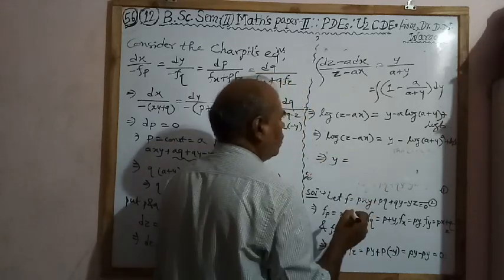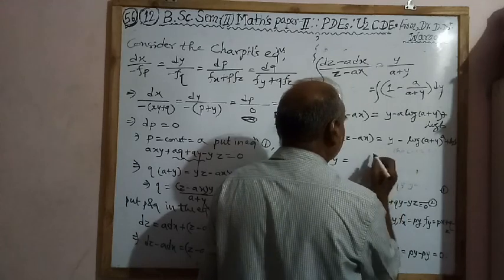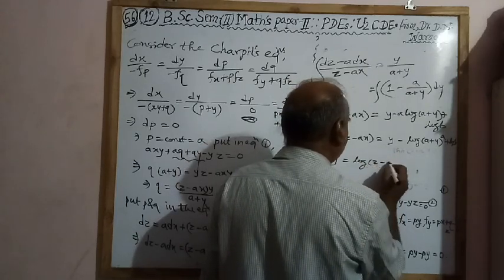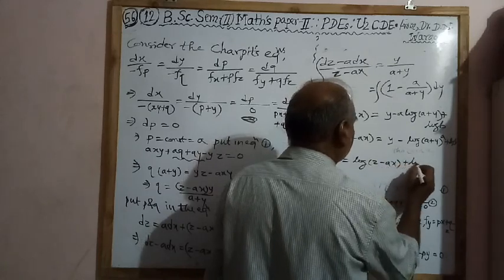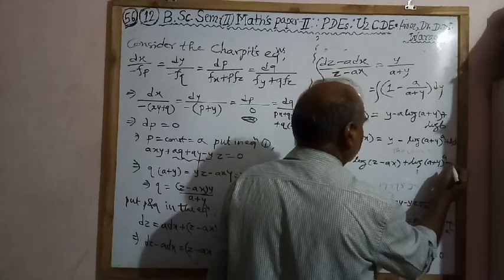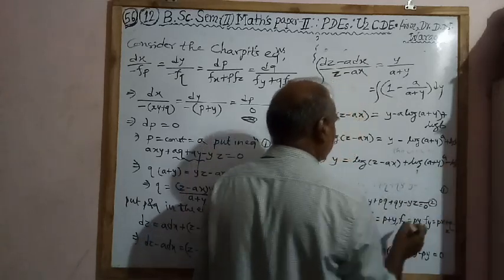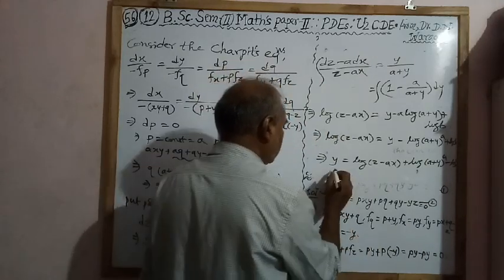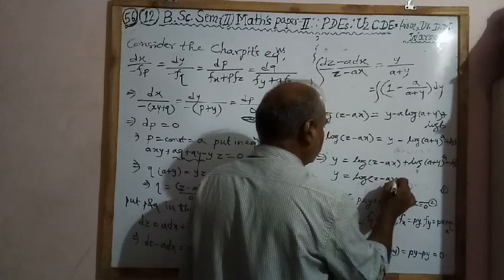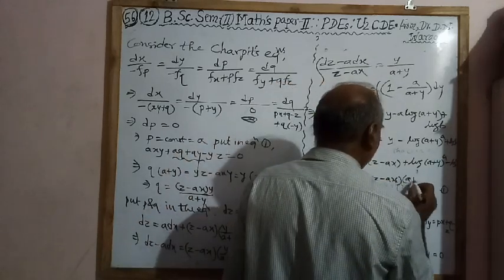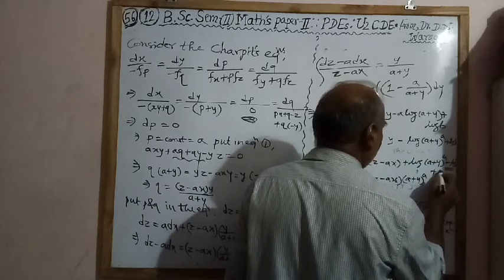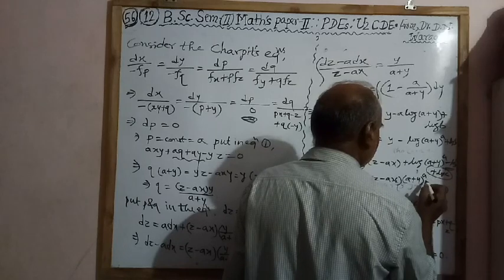Now we can say y equal to log of z minus ax plus log of a plus y to the power a minus log b. Therefore y equal to log of z minus ax into a plus y to the power a. Log b can be considered as plus log of c, like this.